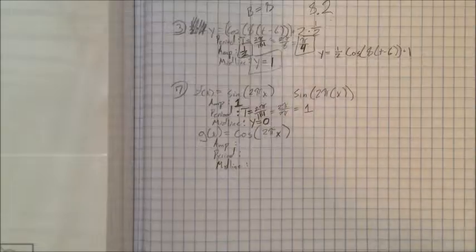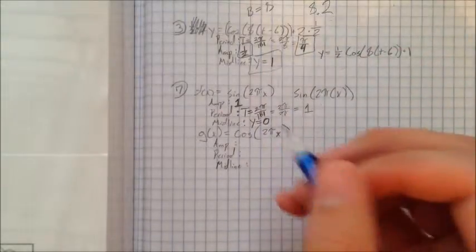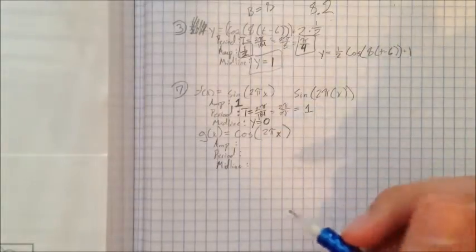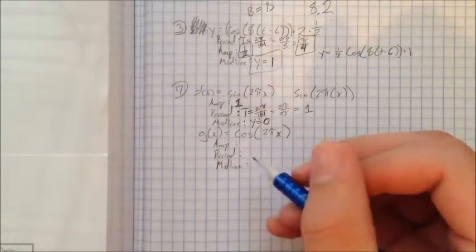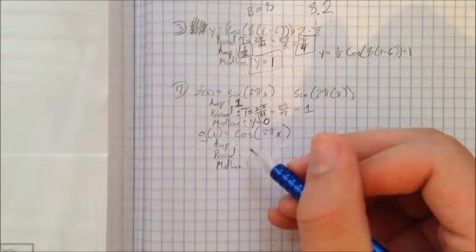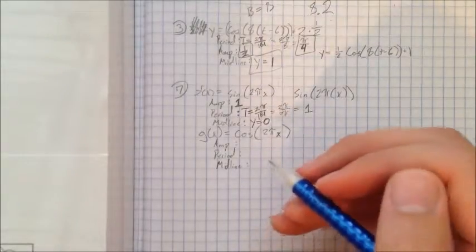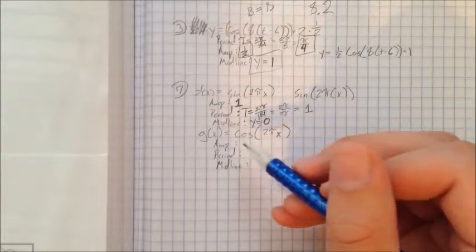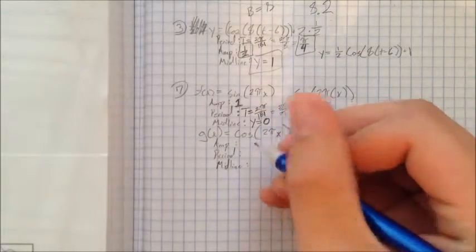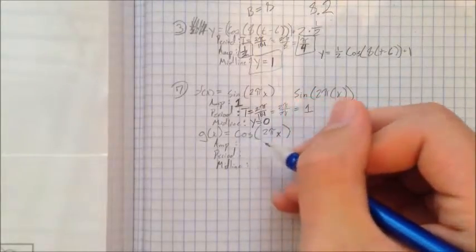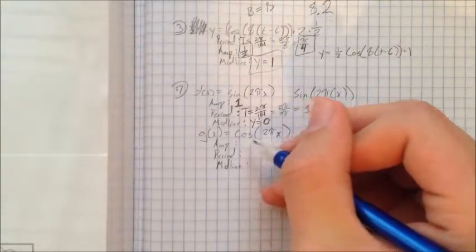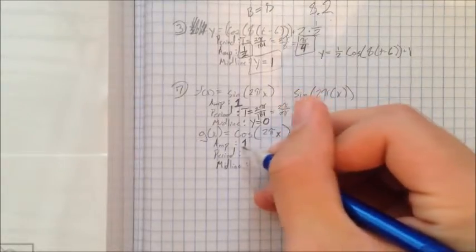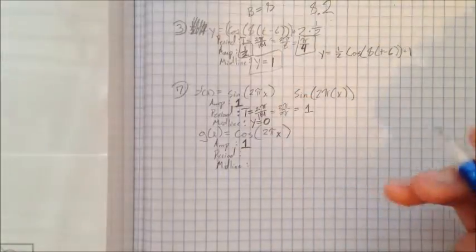All right, that's easy enough. So we have that, that, and that. So let's come down to cosine. The amplitude for a cosine function is the same as for the sine function. We do not have an a value, so we are not being vertically compressed or stretched. So we do know that the amplitude of this cosine function is 1.